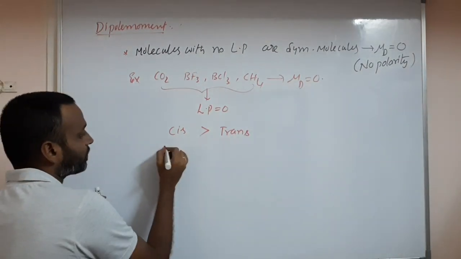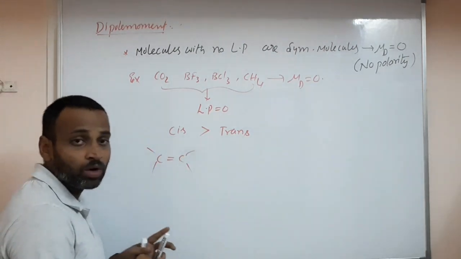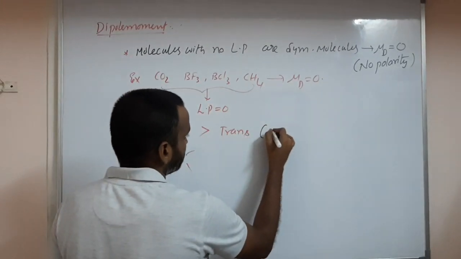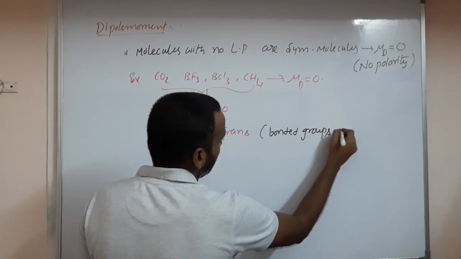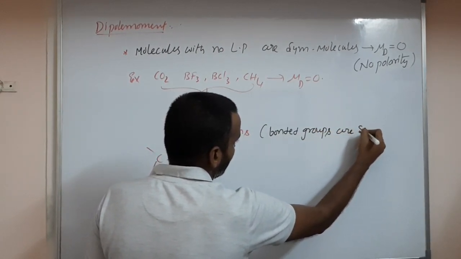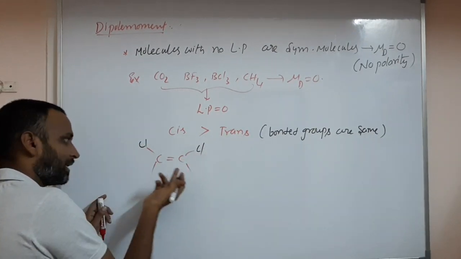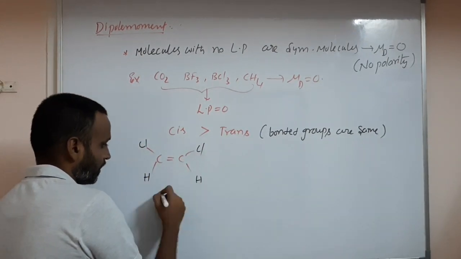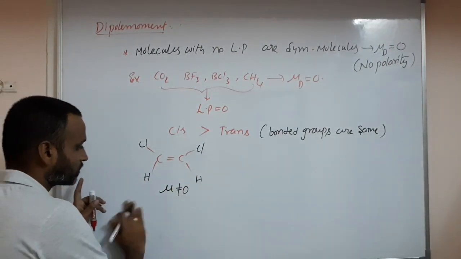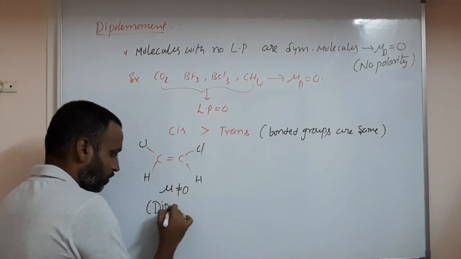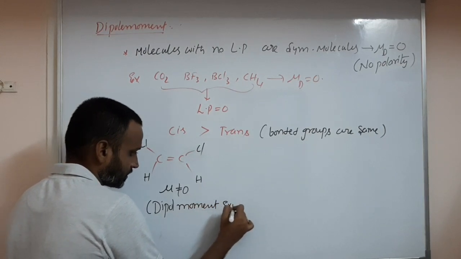But when the bonded groups are similar, the same, like Cl or methyl, or H, then the dipole moment is not equal to 0. Dipole moment not equal to 0 means what? It is polar, and dipole moment exists.